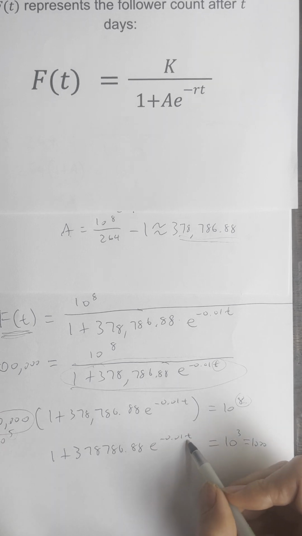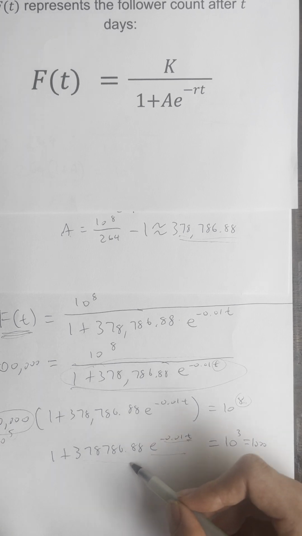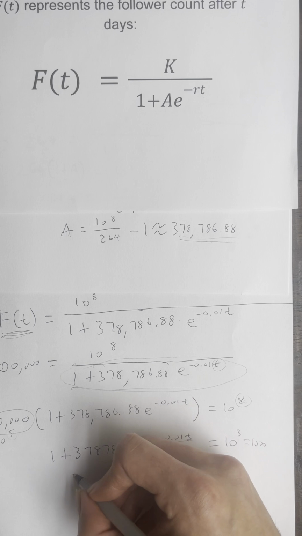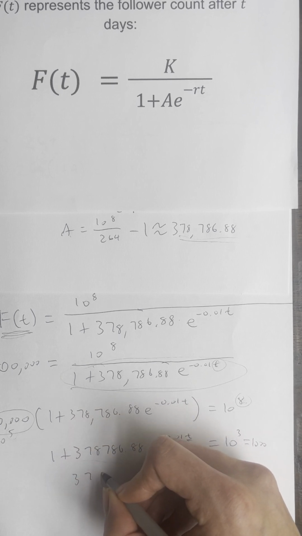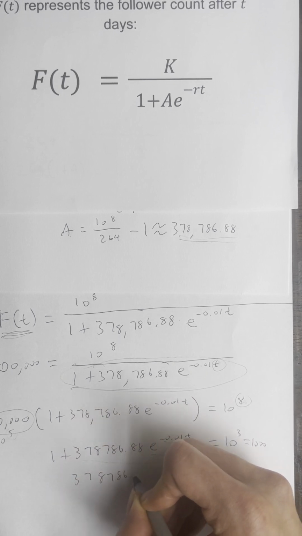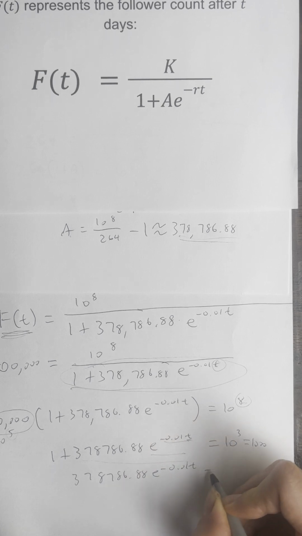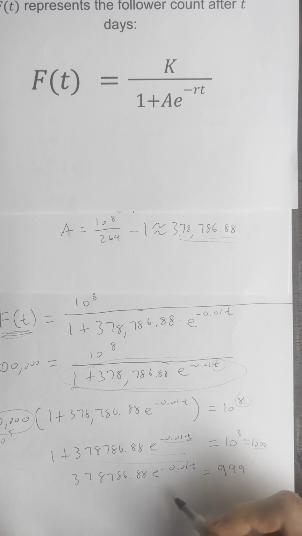To get this by itself, we need to get this by itself, which means we need to get this by itself. So that means we need to subtract 1 from both sides of the equation. So this was 1,000, so subtract 1, and then what should we do here?